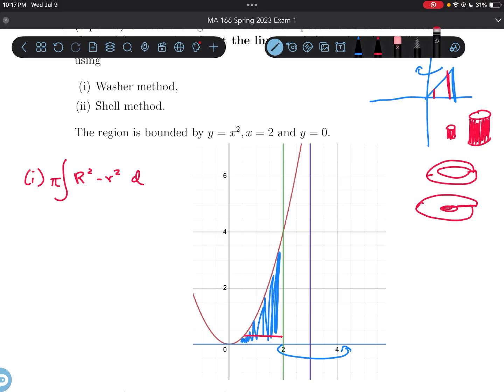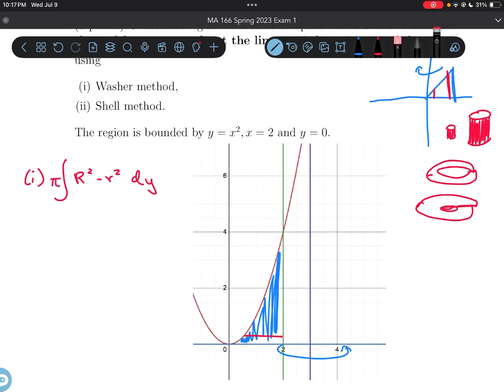In this case, the length of our radius varies as we go up the y-axis, so it's going to be dy. Suppose we were instead rotating this way, it would be dx.